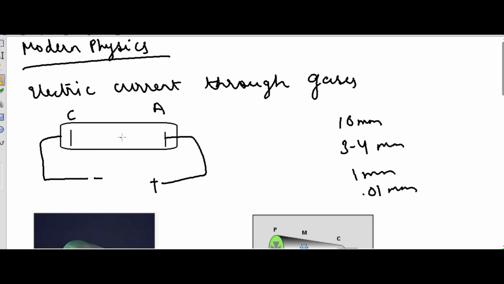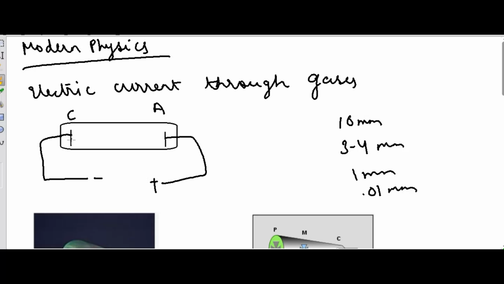The discharge tube experiments were the first experiments which led to the discovery of electrons. In that we have a glass tube, and the glass tube is connected to wires. There are two metal rods inside the glass tube, connected to a negative charge and a positive charge.